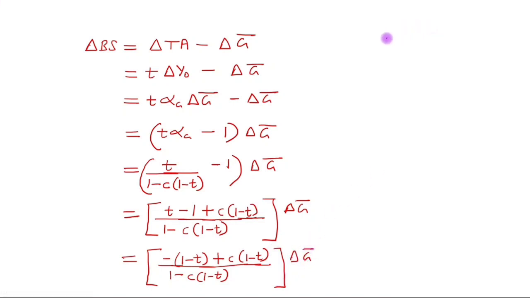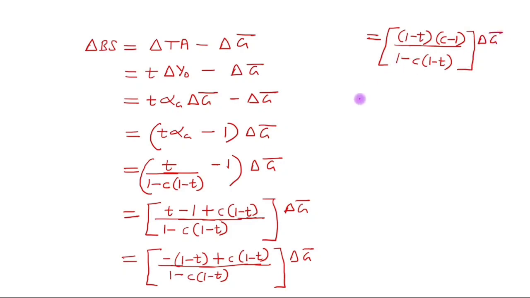In the next step, this will be 1 minus c times 1 minus t, and we will take the 1 minus t common, so it is 1 minus t times c minus 1, change in G bar.